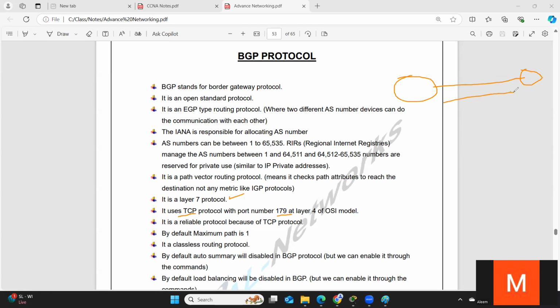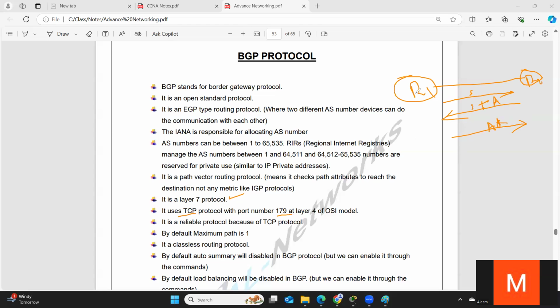It will send a SYN packet, then the other router will give the SYN plus ACK, and this router will give the acknowledgement. With that, router 1 and router 2 establish a TCP three-way handshake connection for reliability purposes.